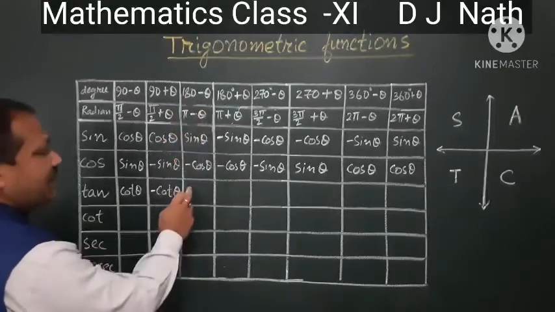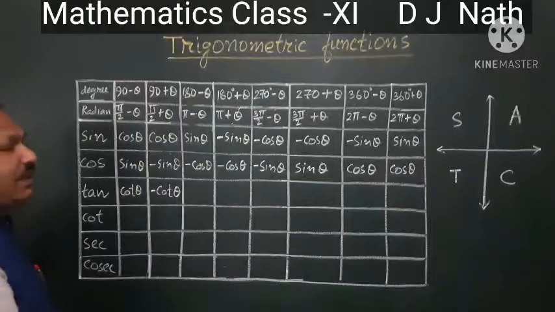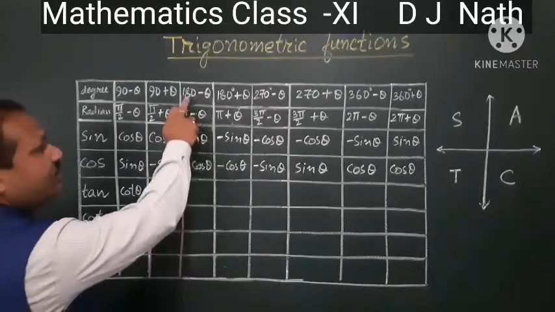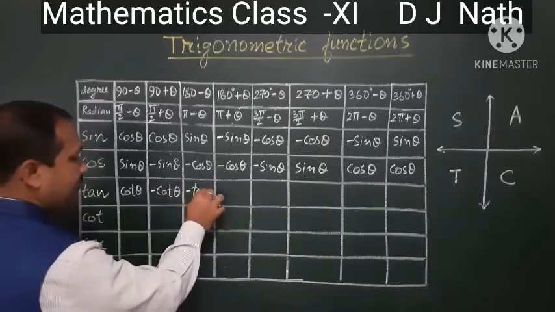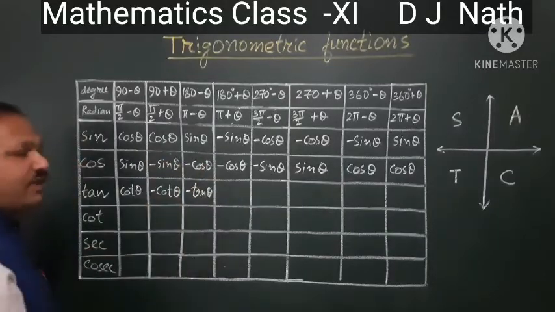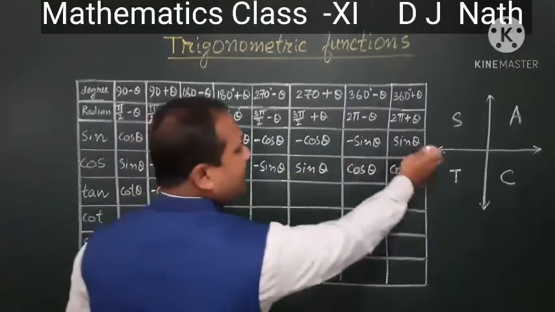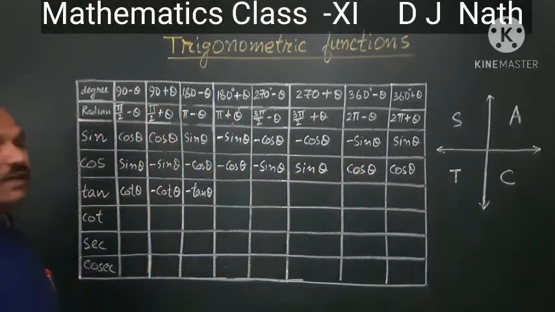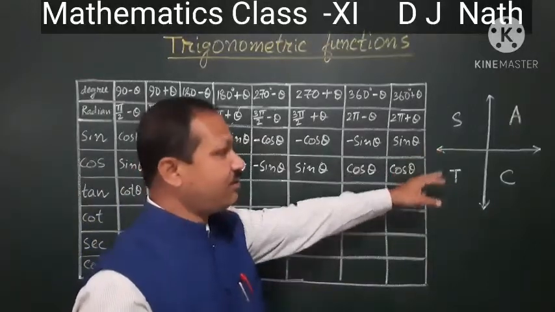Next, 180 minus theta, again second quadrant, but we have used 180, so it will remain, and it is minus tan theta. Then 180 plus theta, third quadrant, tan is positive, and we have used 180, so it is only tan theta.